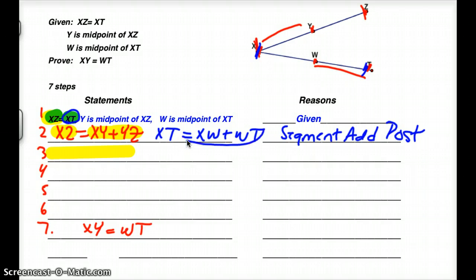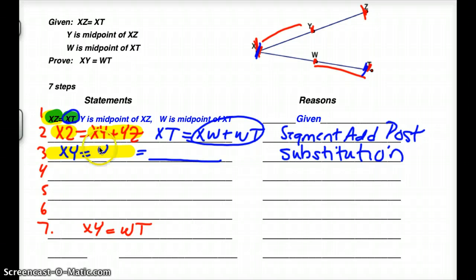I'm going to take all of that stuff, and I'm going to write it right there. I'm going to do a substitution. Okay, so I'm going to take my xy equals my yz, and I'm going to take my xw plus my wt. And at this point, oh, this is a plus sign.